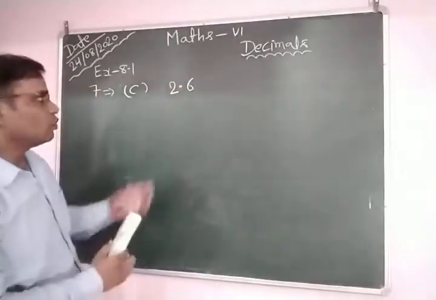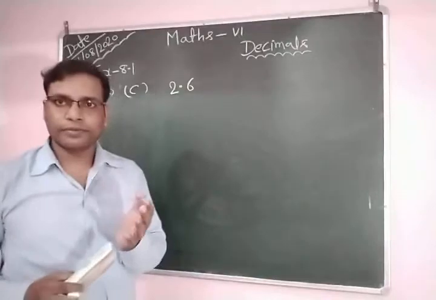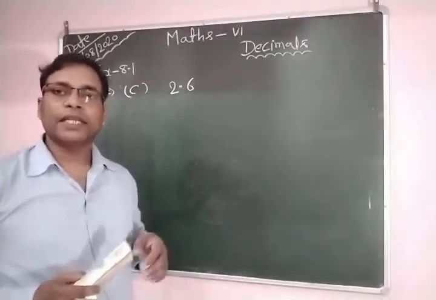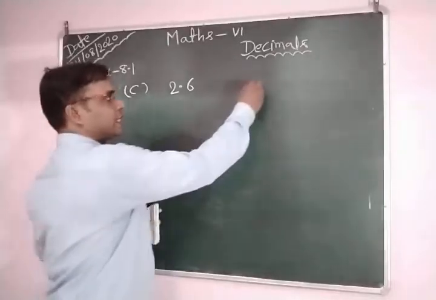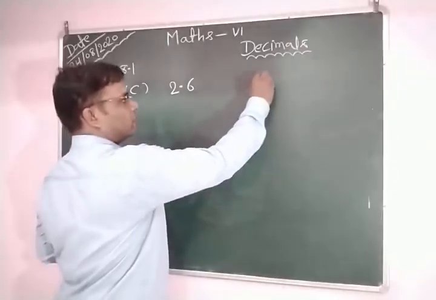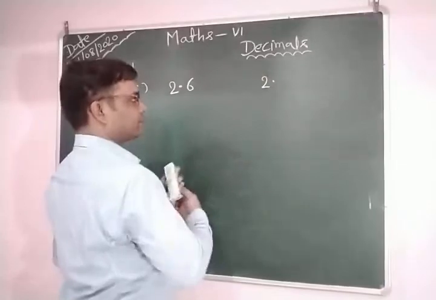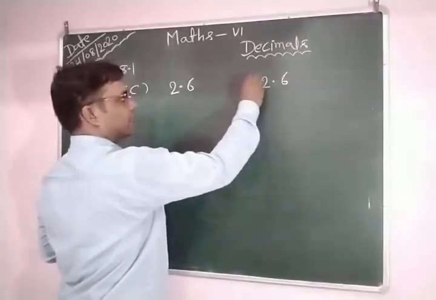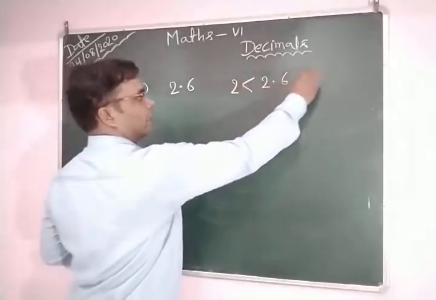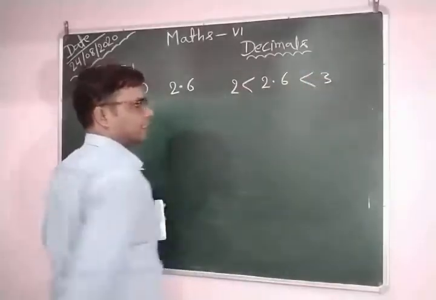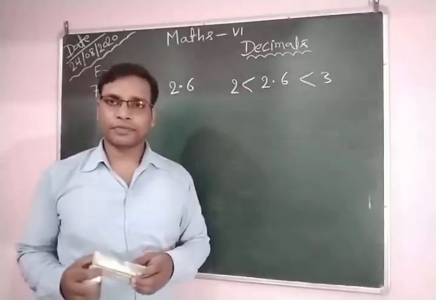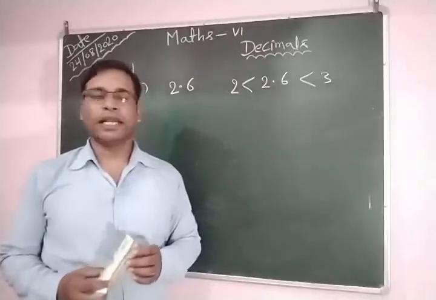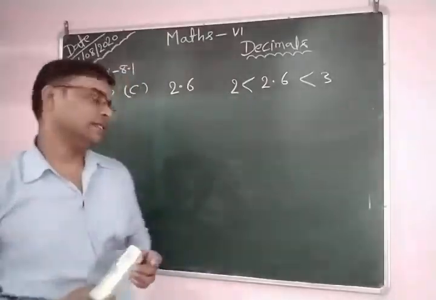You can see 2.6 is greater than 2 but less than 3. So you can write it like this: 2.6 is greater than 2 and less than 3. It means that 2.6 lies between 2 and 3.